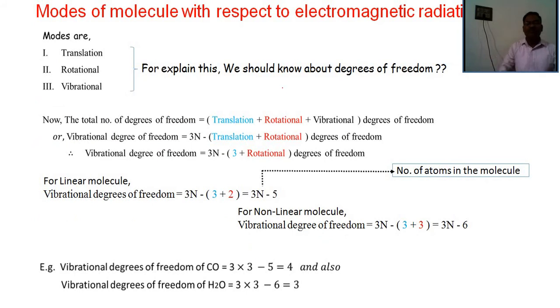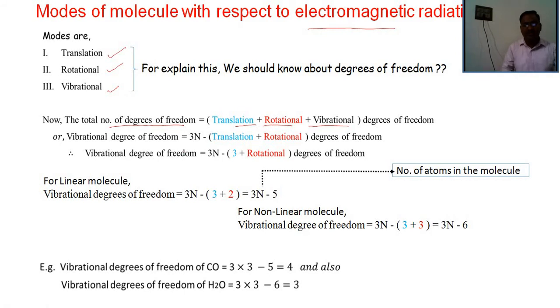Next, the modes of molecules with respect to electromagnetic radiation. What modes are there? Translational modes, rotational modes, and vibrational modes. The total number of degrees of freedom is the sum of translational, rotational, and vibrational degrees of freedom.